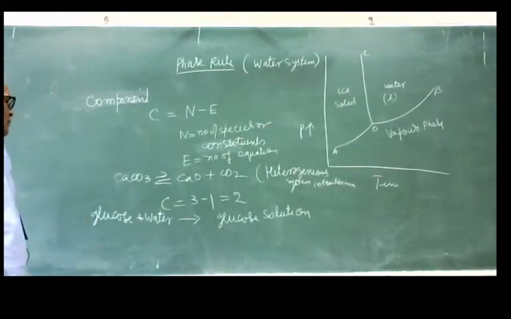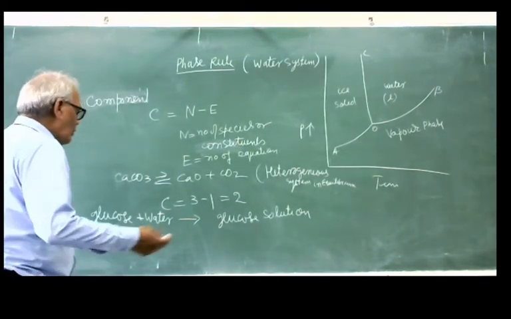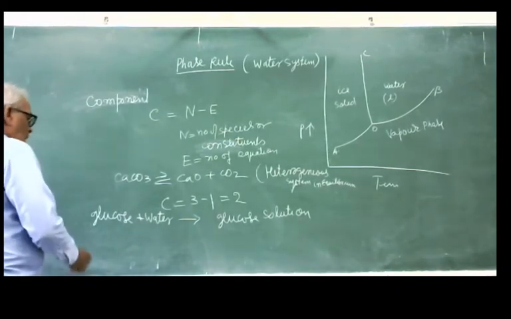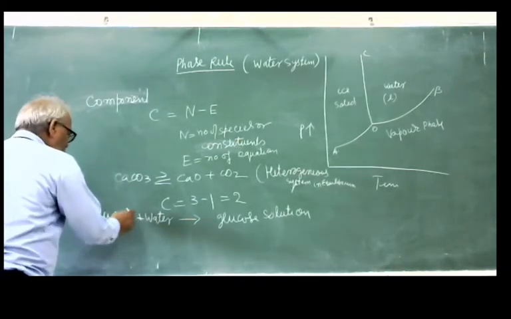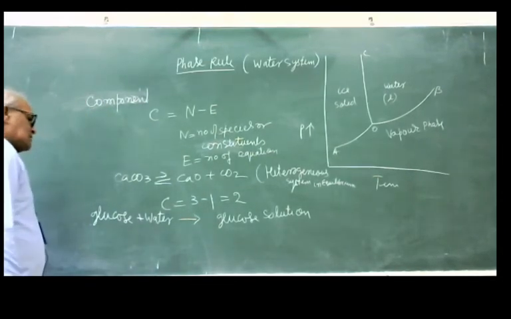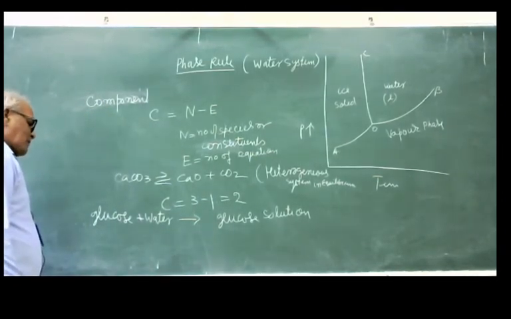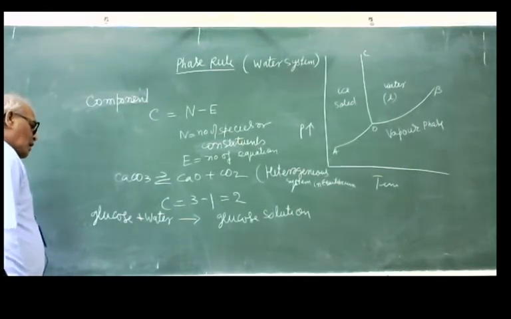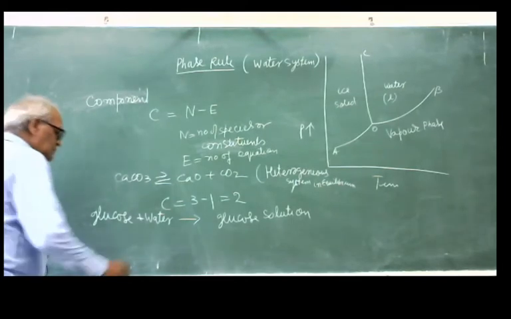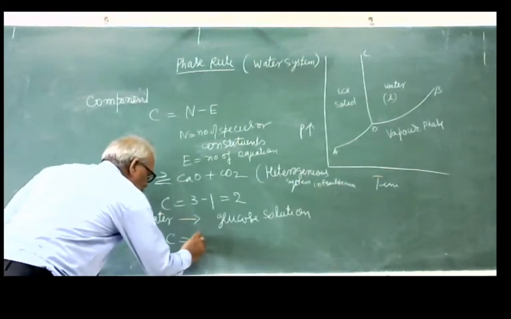So the number of components is 2. How? There is glucose, one constituent, and there is water, another constituent. So C is equal to 2.